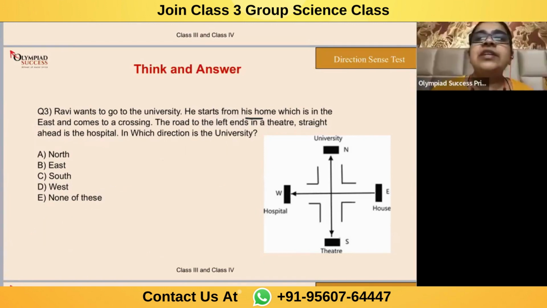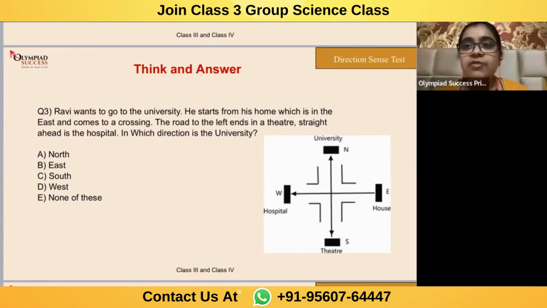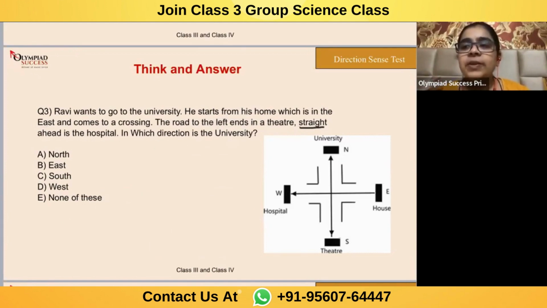All right, everyone clear with this? Now we'll move on. Okay, Viona has a question. Say, Viona. You are writing this? No need, Viona. You will get all of this in the reading material, so you need not copy this down.